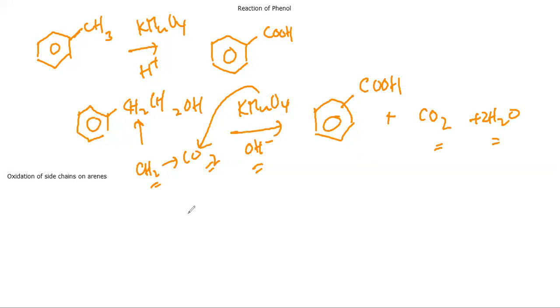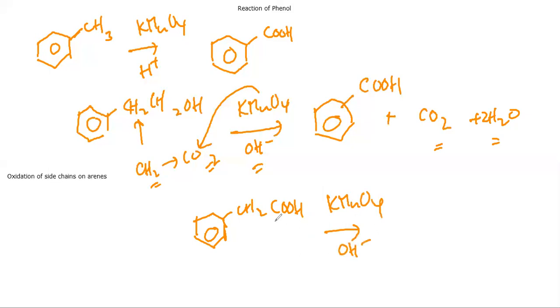How about another type of benzene? For example, I have CH2COH. If I add KMnO4 in the presence of OH minus, what's the product? You don't need to worry or be afraid of this one, because as long as you have H, you can convert it to CO2.